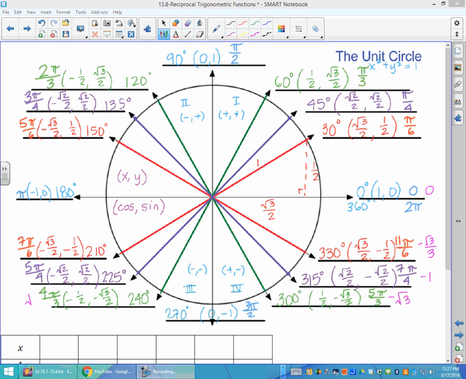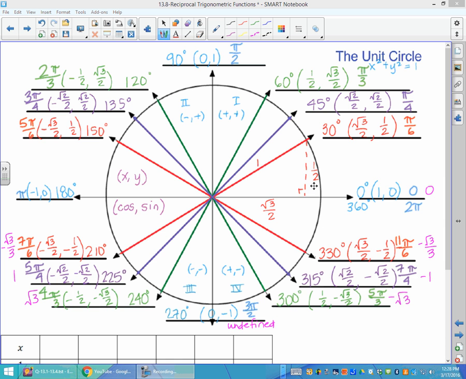This is positive square root of 3, positive 1, and the negative square root of 3 over 3. And this is, of course, that one unit circle that's missing the negative sign right there. And the last one, of course, tangent is y over x, so negative 1 over 0 means the tangent value here is undefined.